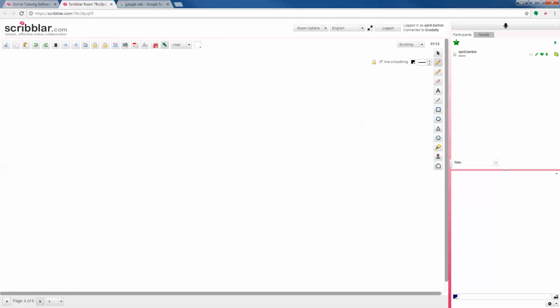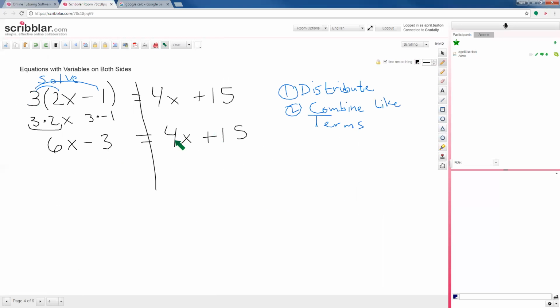What's different now is we want the 4 and the x to move to the other side. So this time we want to do the opposite, and we have to do the opposite of addition or subtraction. So our goal is to move the variable term on the right over to the left.